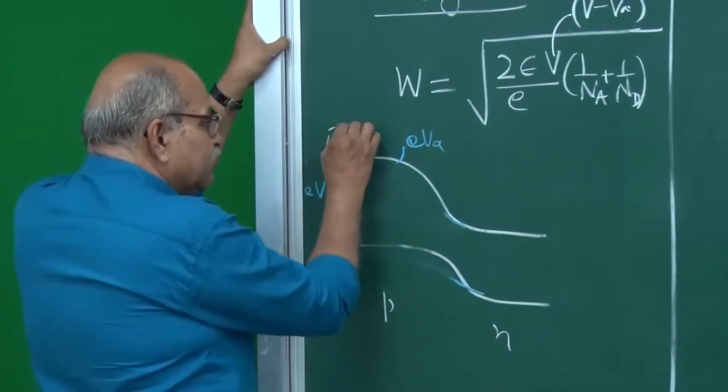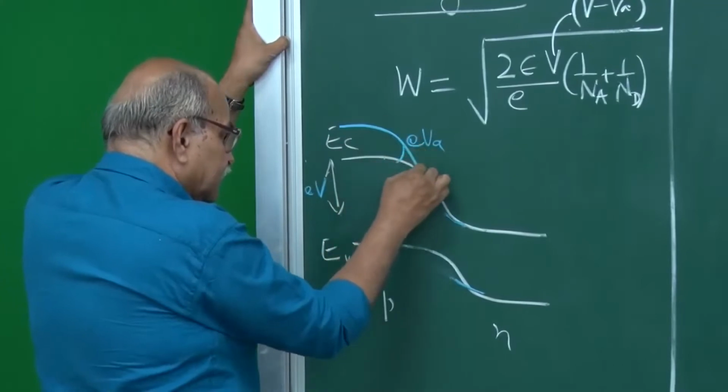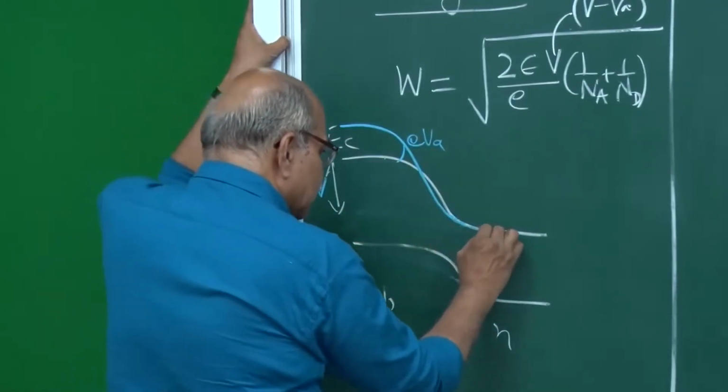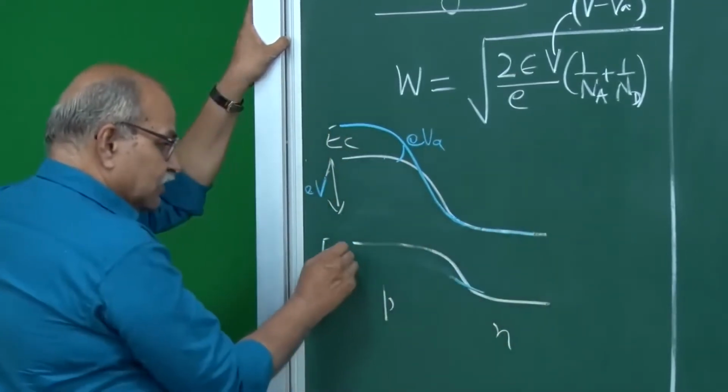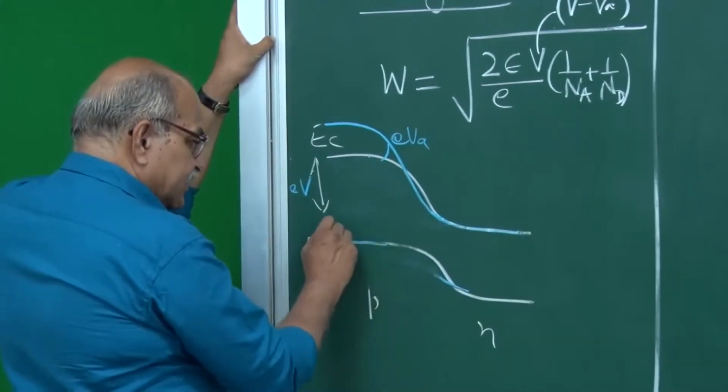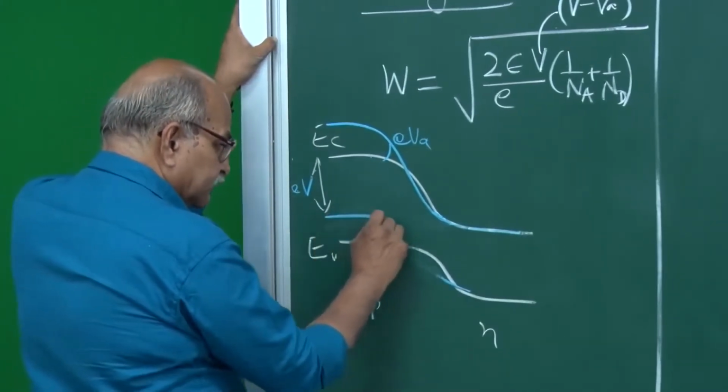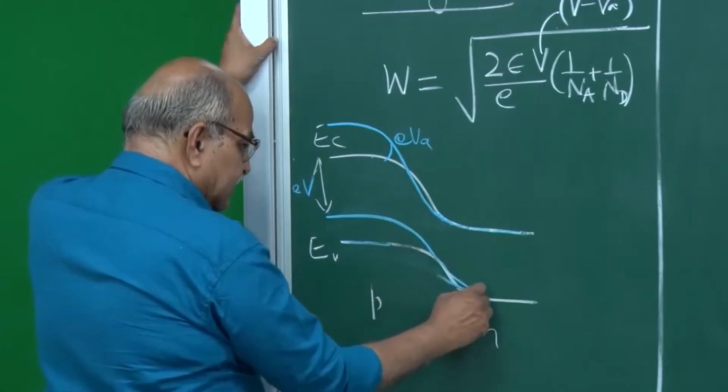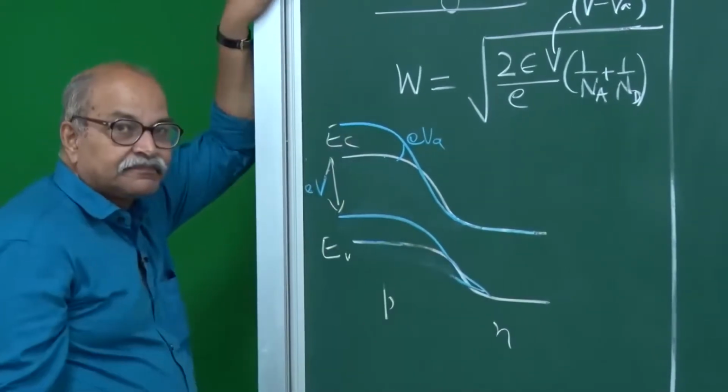So now your EC will be like this. I am writing with reference to this n side, so that's why I am only changing this part like this. So it has shifted up.